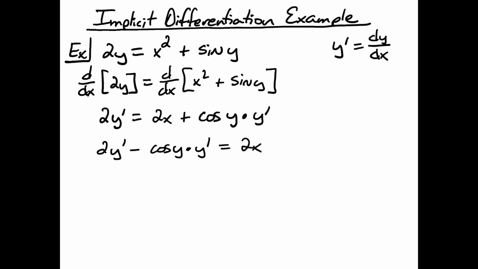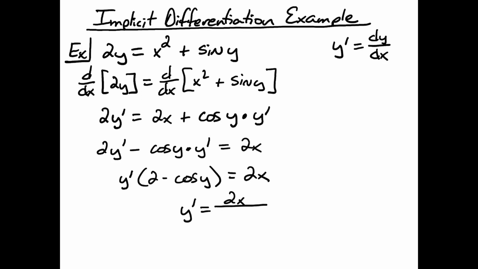All right, now at this point, I'm going to take a look at that left-hand side, and I'm going to factor out my y prime. So y prime, and then I'll be left with the quantity 2 minus cosine y is equal to 2x. And then I can divide both sides of the equation by 2 minus cosine y, which will give me a final answer of y prime is equal to 2x over 2 minus cosine y.